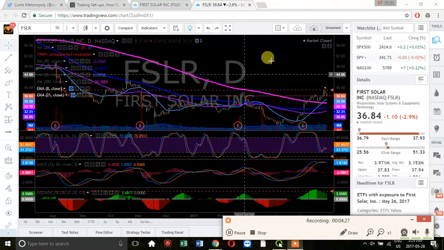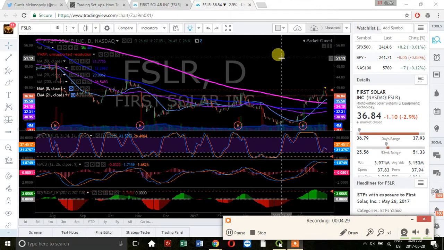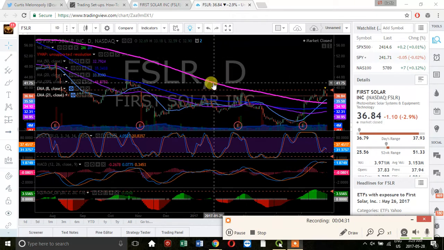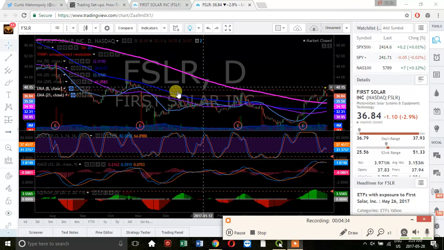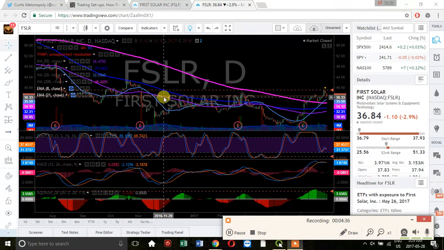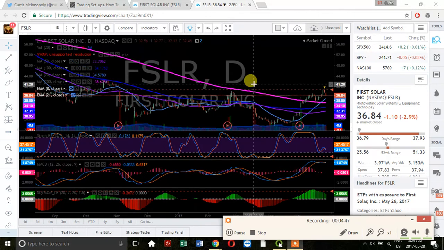So on my charting, so you understand how it works, I use the 200, the 20, the 50, and the 100. So my 200 is pink, the light blue or powder blue is the 20, the 50 is the purple, and the 100 is the blue, the darker blue on my charts.